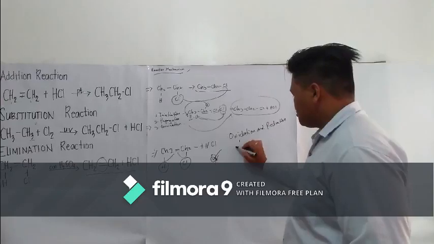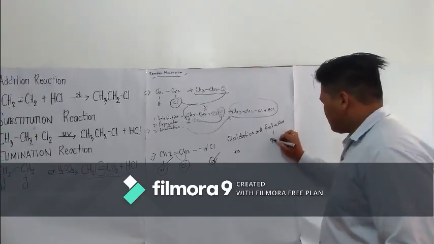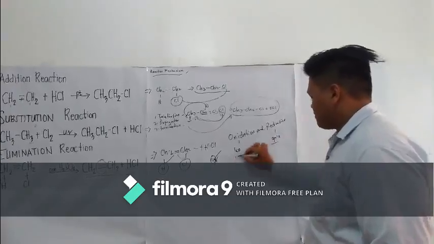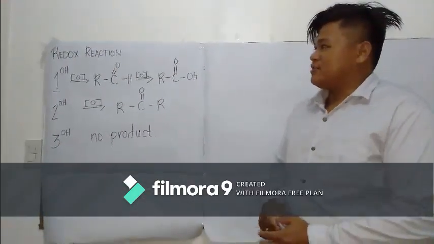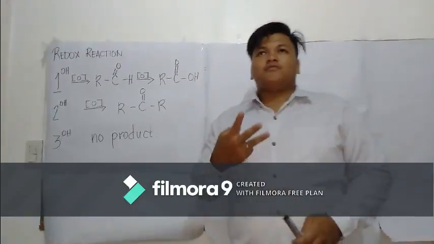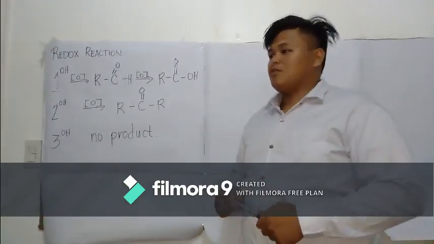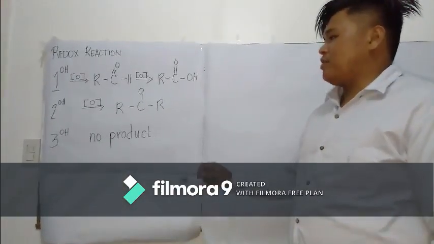That means oxidation is lose, reduction is gain. That's our main topic for today. Now, in oxidation and reduction, or the redox reaction, we have three classifications of alcohol: the primary alcohol, the secondary alcohol, and the tertiary alcohol.